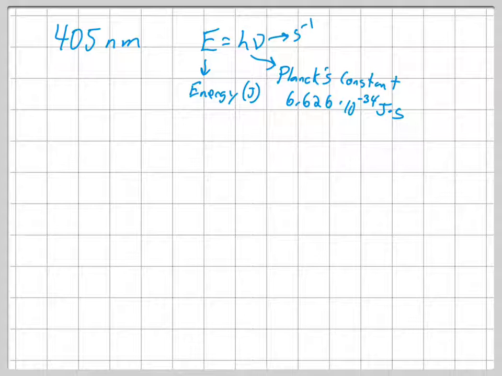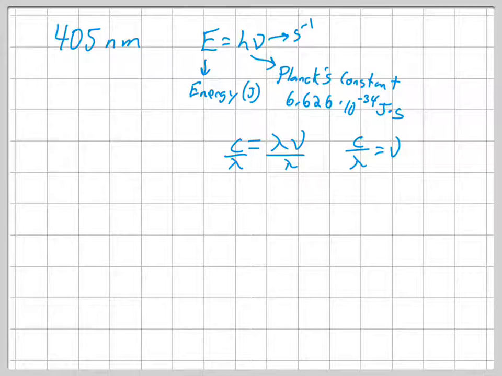Now, we know from previously that the speed of light, c, is equal to lambda times nu. If we rearrange that, we can solve for nu by dividing each side by lambda, and so we wind up with c over lambda is equal to nu. So we can just substitute that in for frequency.